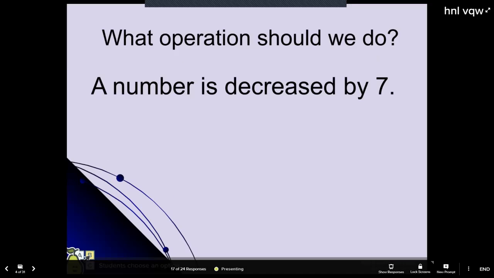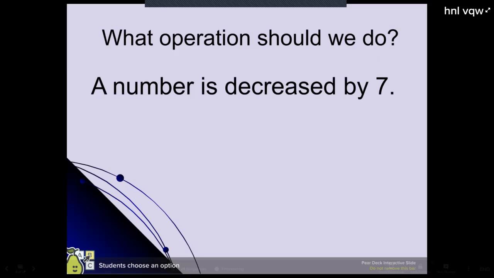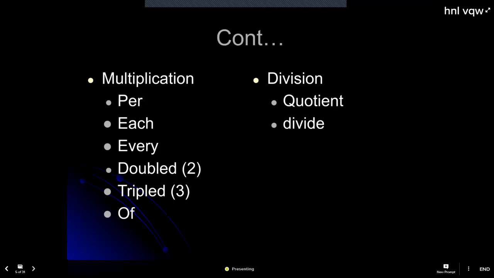It is not. So the key in this one, for those who maybe were more hesitant with this, the number is decreased. So what operation in math makes numbers go down? You got division and you've got subtraction. When you're thinking about division, we're actually going to talk about that next.